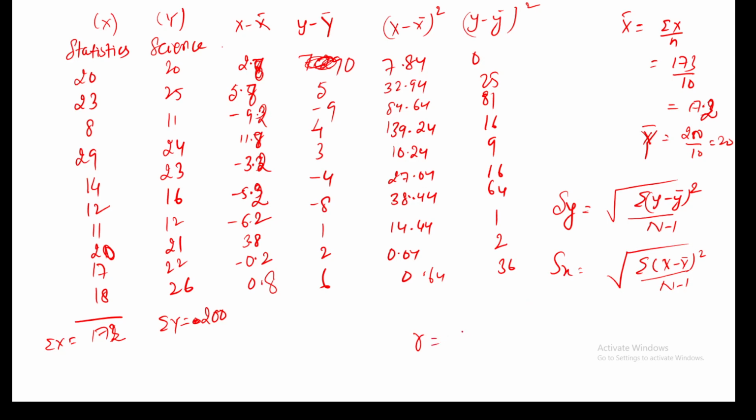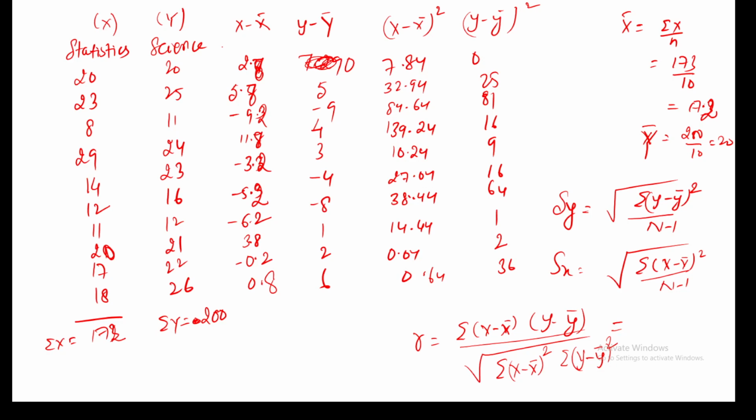Then the r formula you can apply: sigma of x minus x bar, y minus y bar, by root under summation of x minus x bar whole square, summation of y minus y bar whole square.